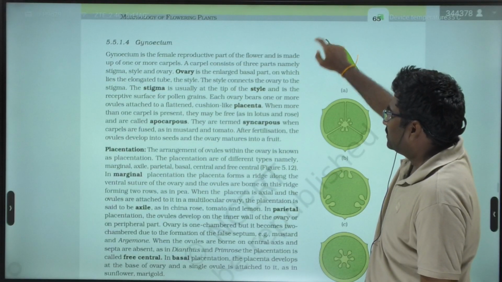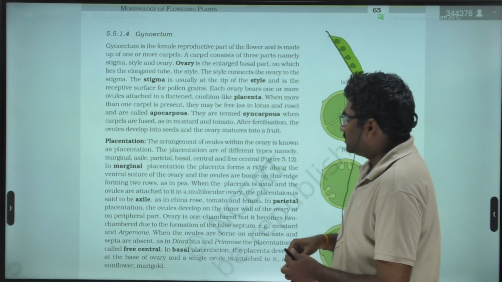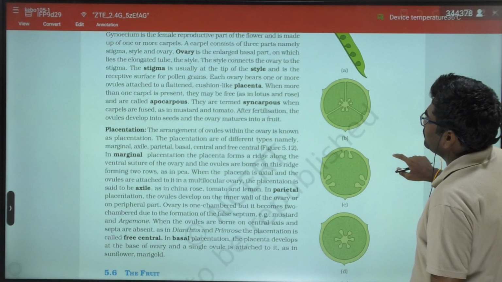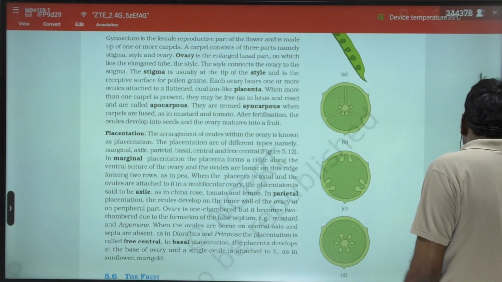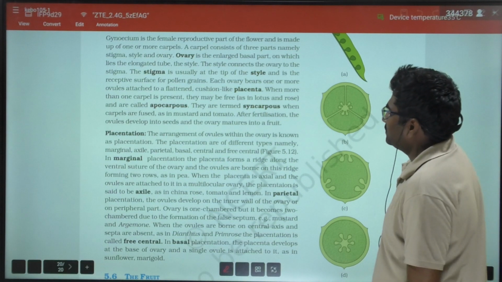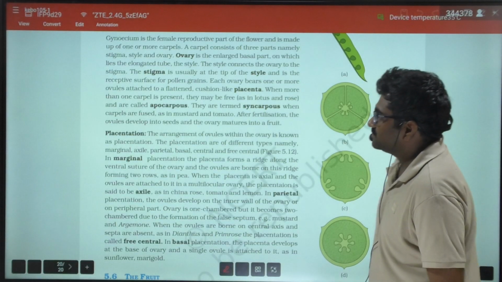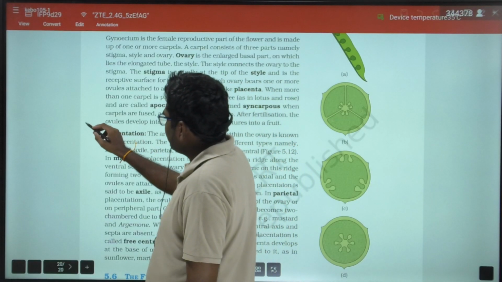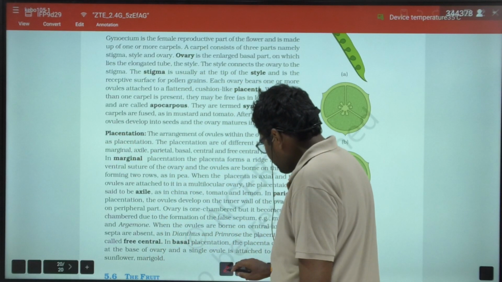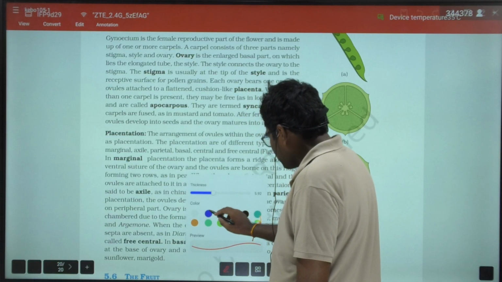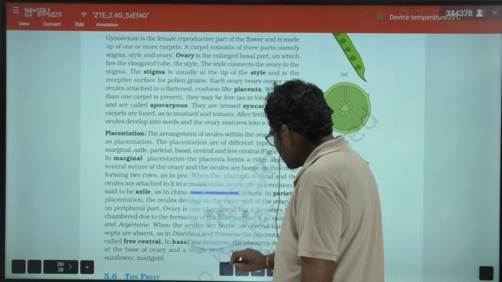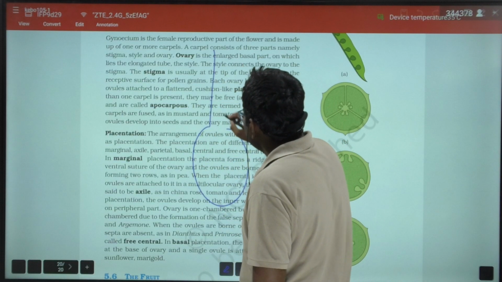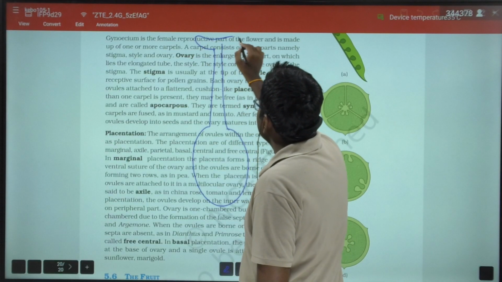Next, gynoecium. The gynoecium is the innermost whorl of the flower, the female reproductive part. It mainly consists of 3 parts: ovary, style, and stigma.